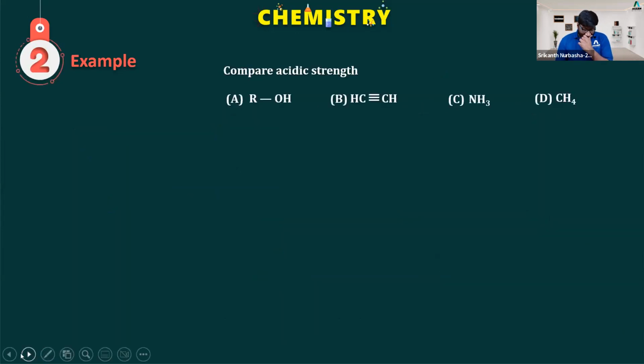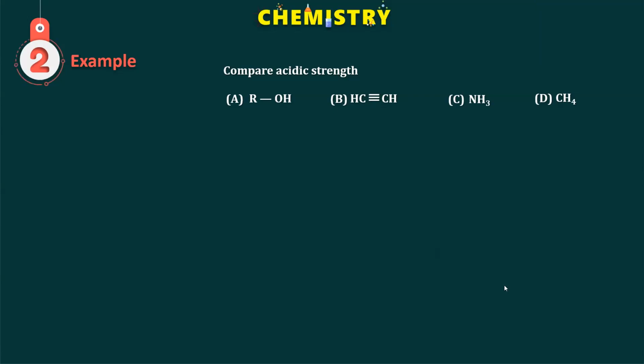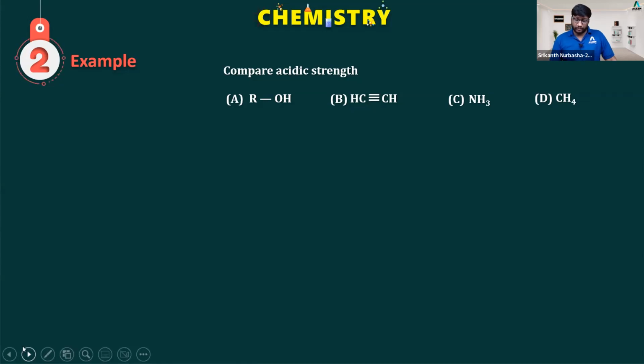Compare here: ROH, CH triple bond CH, NH3, CH4. A greater than B greater than C. Why? I have said many times that sp hybridized carbon has an electronegativity of 3.25.